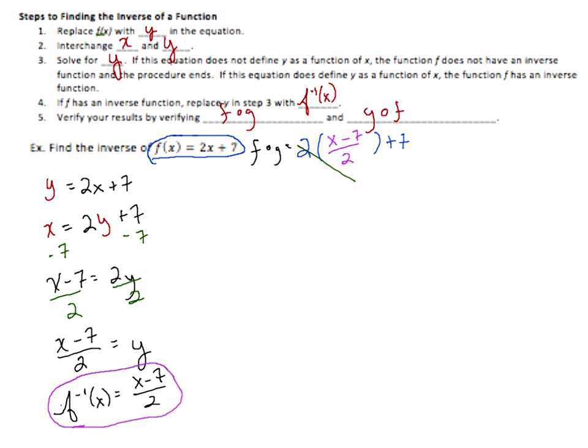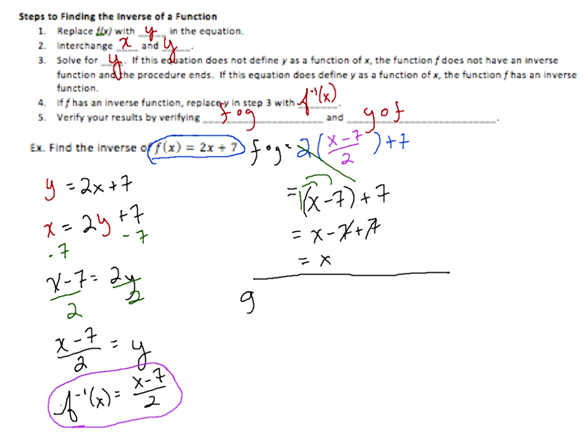My 2's divide out, and I'm left with x minus 7 plus 7. Distribute the understood positive 1 into my parentheses. X minus 7 plus 7, and I'm left with x there. So it checks out the first way.